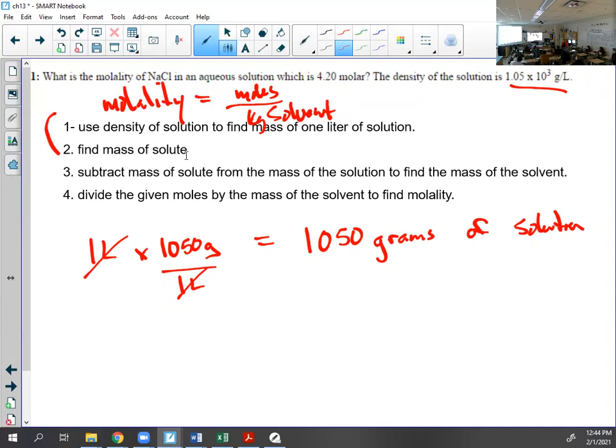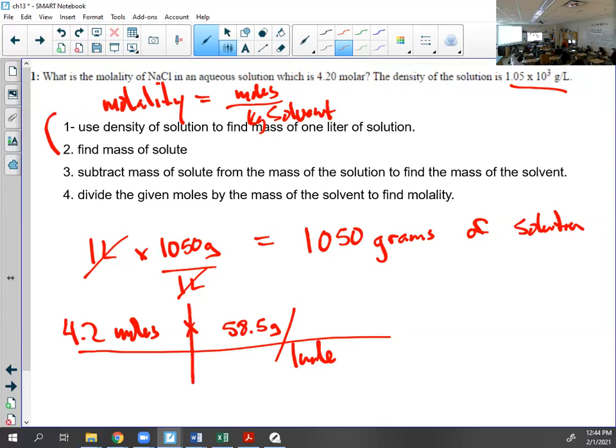Okay, find mass of solute. You may want to add this to your notes if you want. To find the mass of the solute, you take the given moles, which is 4.2 moles, and you multiply it by the molar mass. So 58, I round this one to 58.5 grams per 1 mole. And this you could do as a picket fence as well.